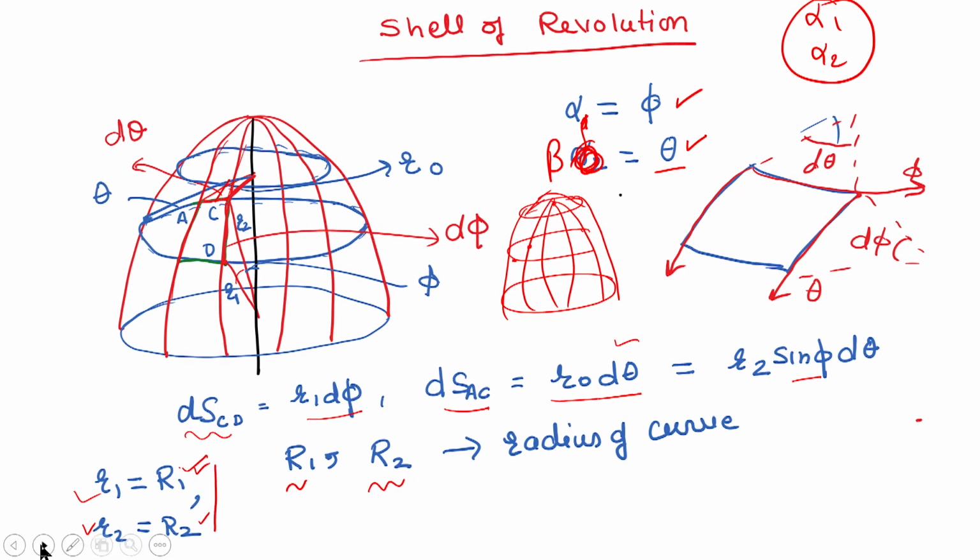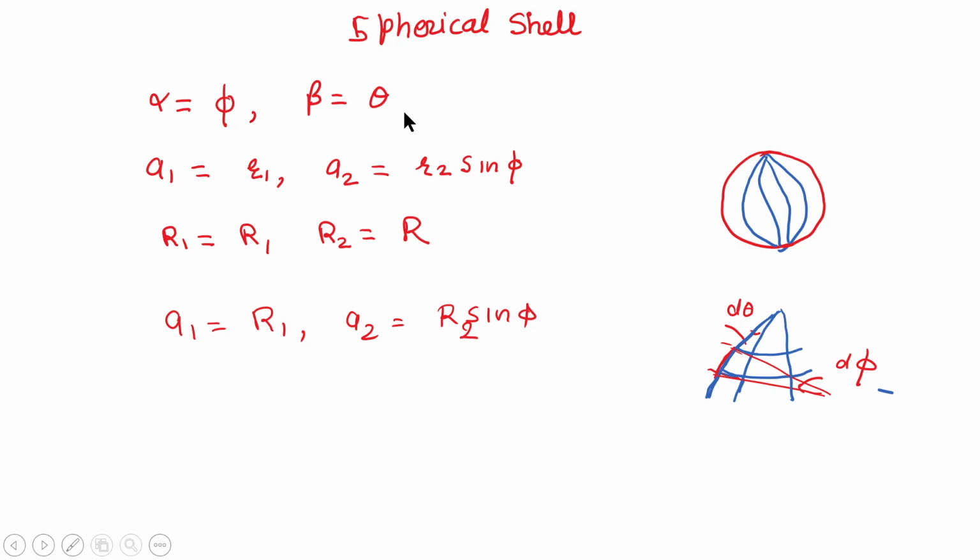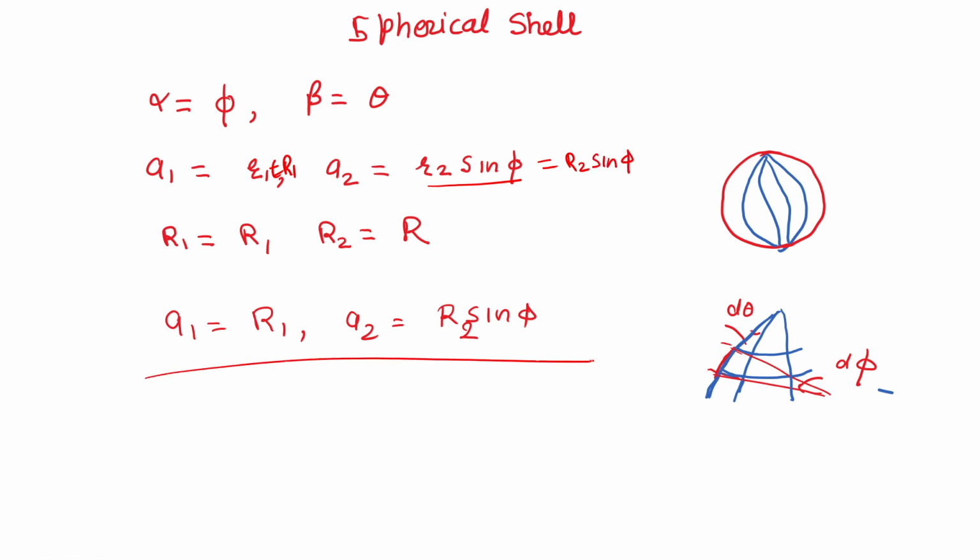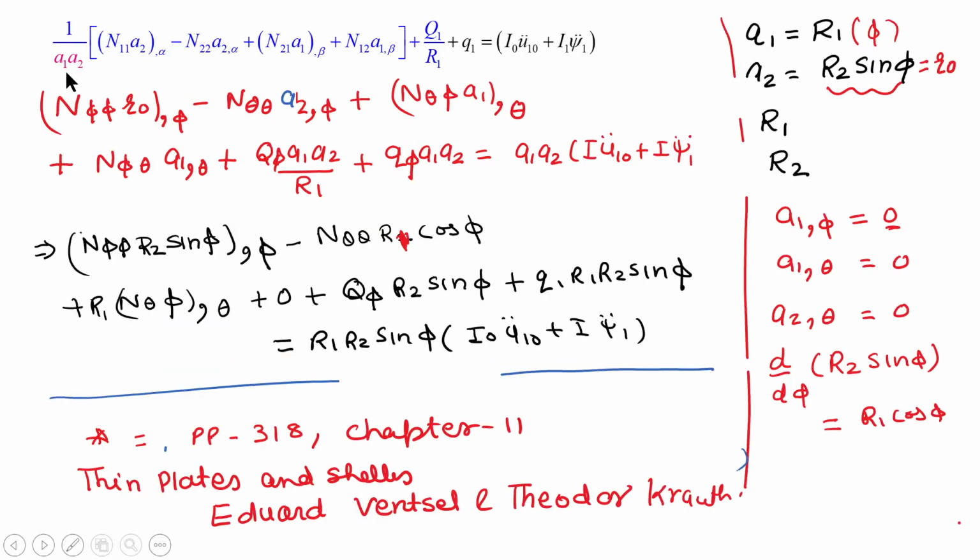So, from here alpha is phi, beta is theta, a1 is now r1, or you can say just capital R1, and a2 is r2 sin phi, or you can write capital R2 sin phi. Sometimes we also note it as r naught. With these parameters I am going to first explain how to work with the first equation.